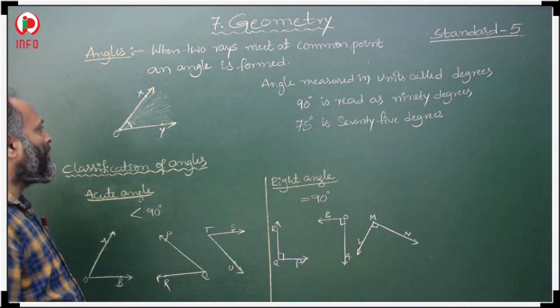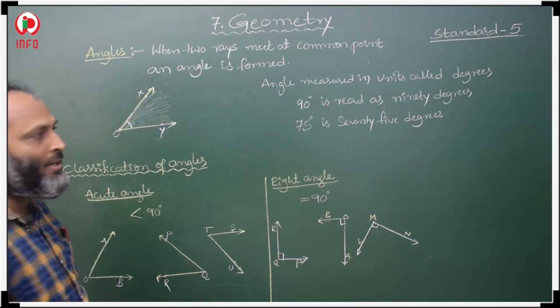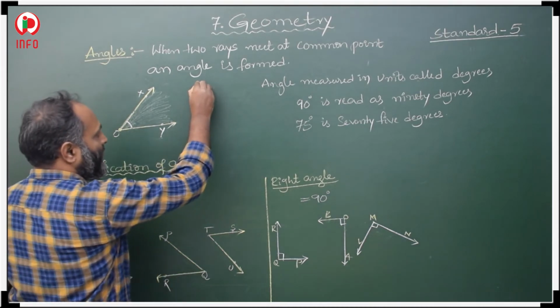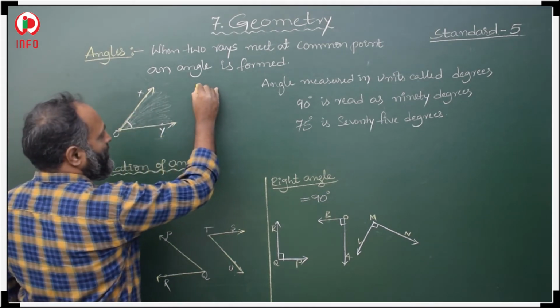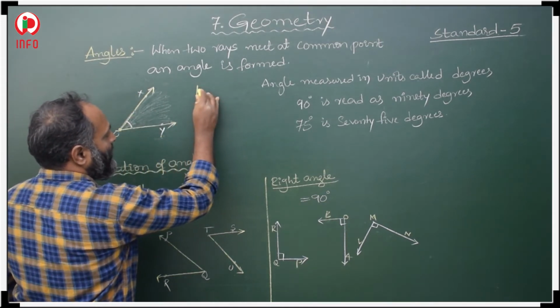Then how do we represent an angle using alphabets? Using alphabets we can represent the angle as angle XOY, with the angle symbol.